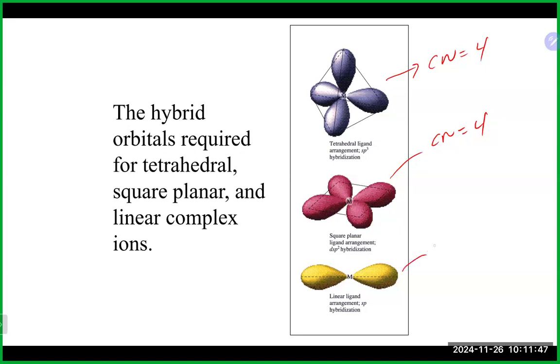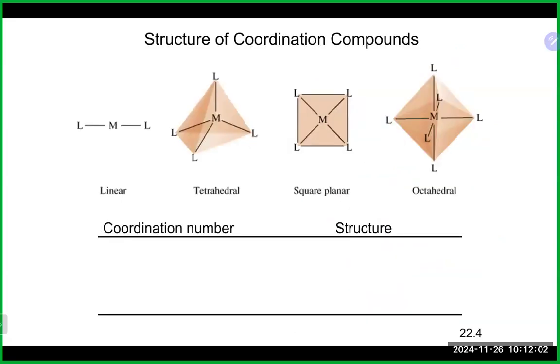And linear is a coordination number of 2, right? So sp hybridization. And again, we have our sp3 here and our expanded hybridization happening over here. So common geometries go with coordination numbers.